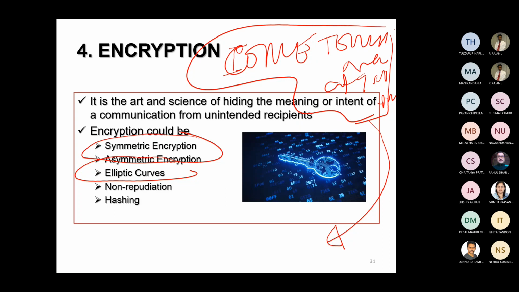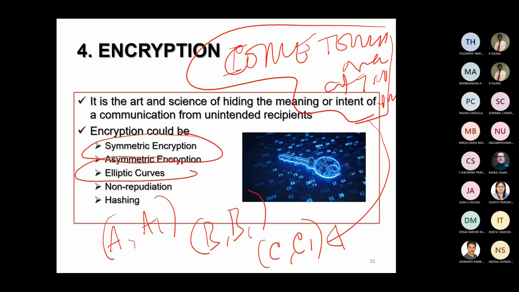In order to convert plain text into ciphertext, you need an encryption key. The encryption key is always generated as a pair of keys. Pair 1 could be A, A1. Pair 2 could be B, B1. Pair 3 could be C, C1, just for your understanding.